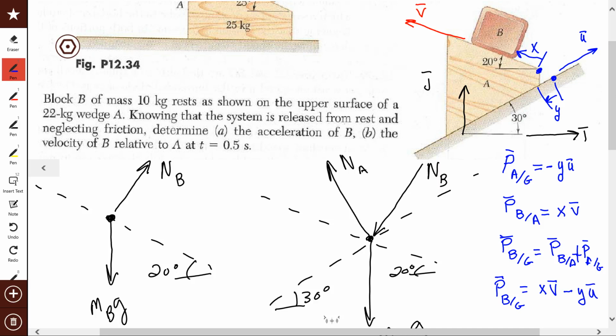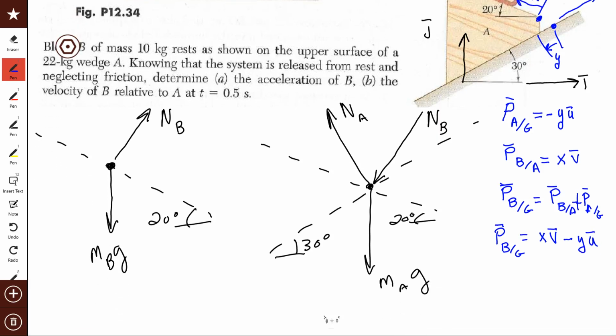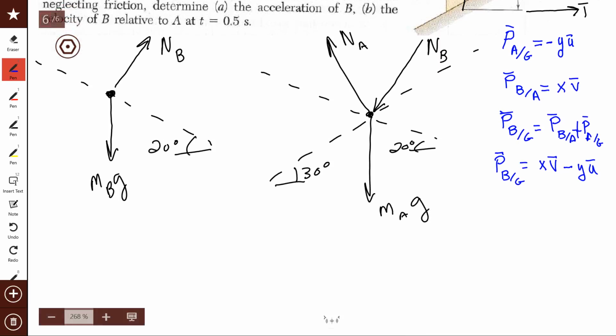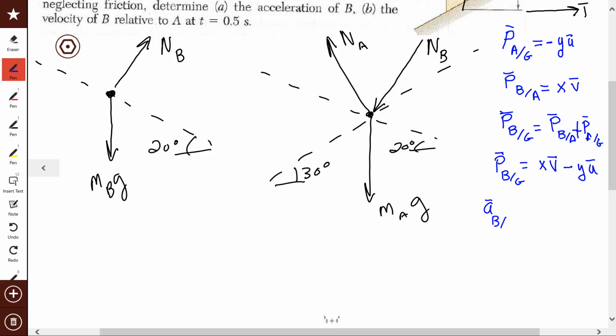And of course there are constants, but I'm not too worried about the constants because I'm going to differentiate this. So then if I differentiate this 2 times, I'll get the acceleration of B relative to the ground is equal to x double dot V minus y double dot U.